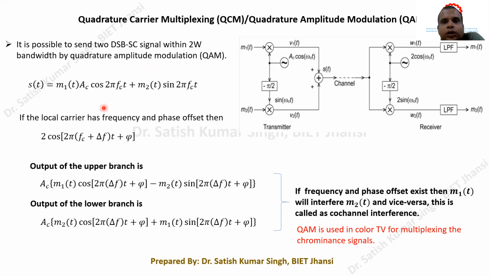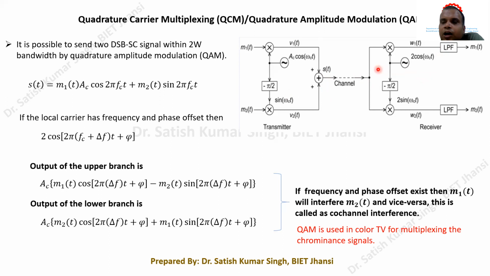So how to demodulate this message signal? By following the same method as in our previous lectures, we can go for the synchronous demodulation of this modulated signal. Once our modulated signal s(t) is received by the receiver, we again have to multiply with the same carrier.